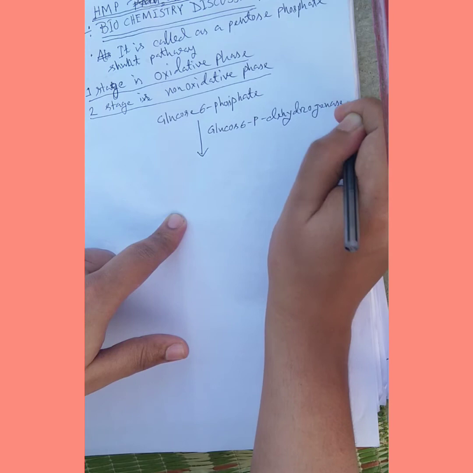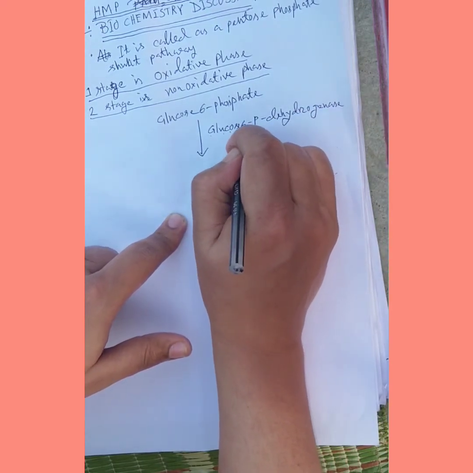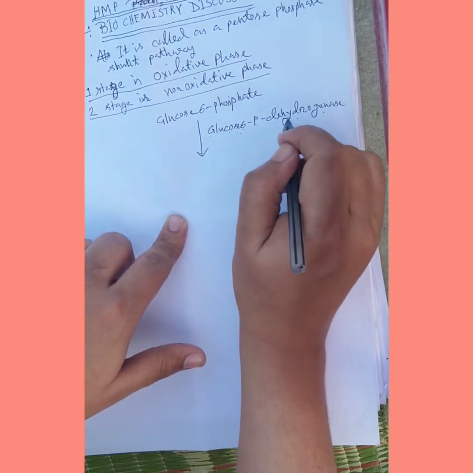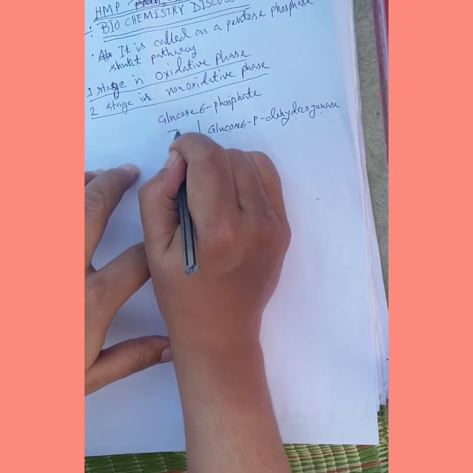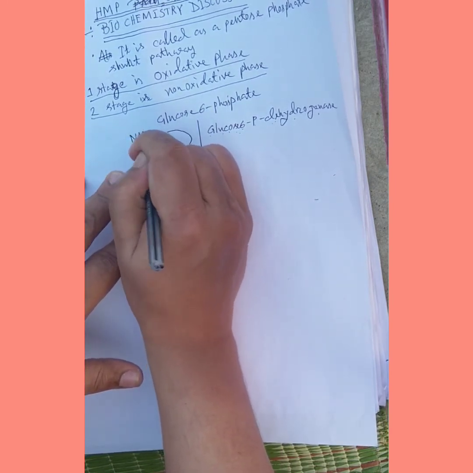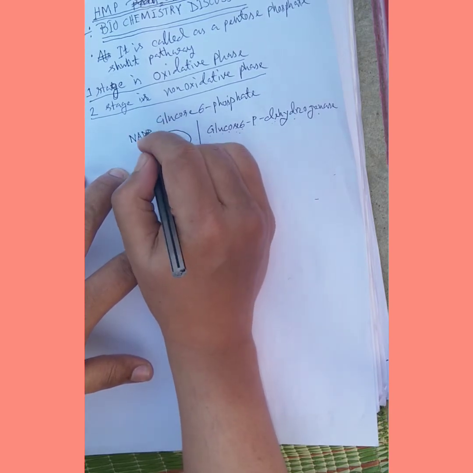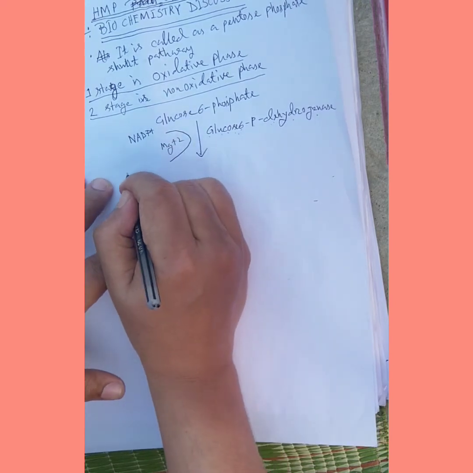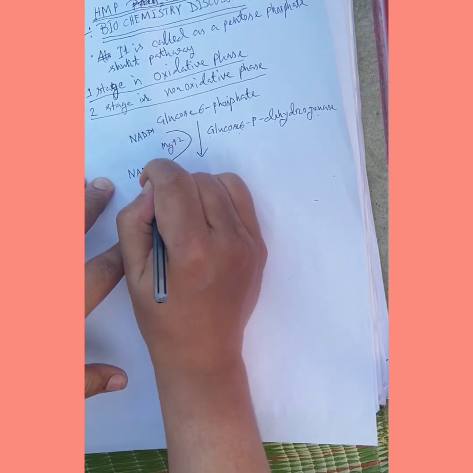This spelling is very important: GLUCOSE, glucose 6-phosphate DEHYDROGENASE, dehydrogenase, and NADP plus with magnesium Mg2+ we get NADPH plus H plus.